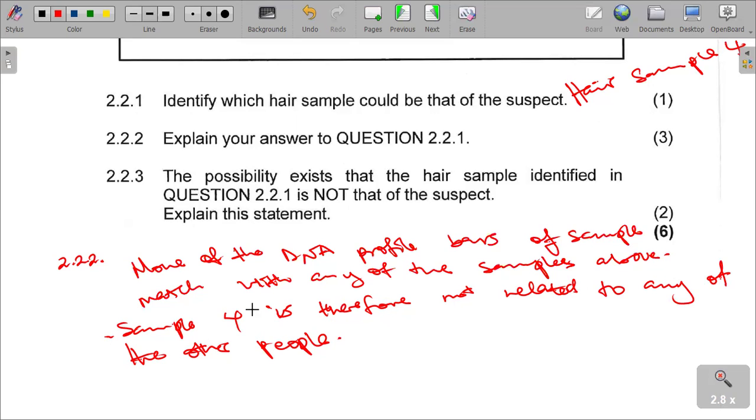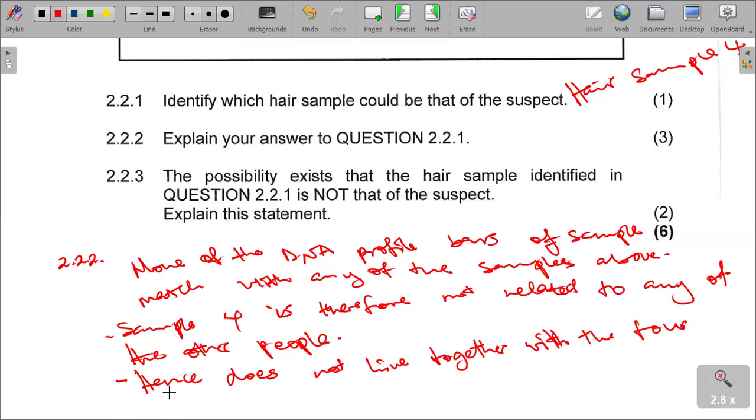If it is not related to any of the other people, it means this person does not live together with the four family members, hence is our prime suspect.